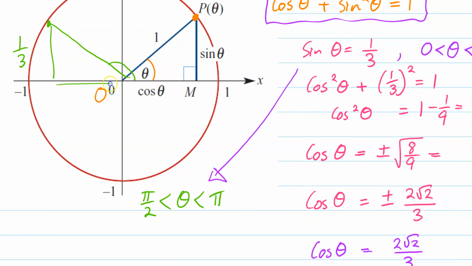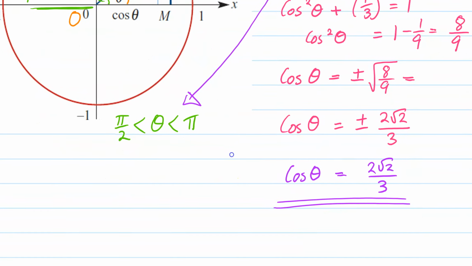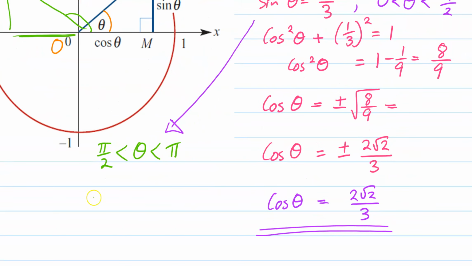But the length here, you can see, is negative. Therefore, you use the condition given in the question. You've got to read very carefully, and then you write down that for that particular condition cos theta has to be negative. Therefore, negative 2 root 2 on 3.